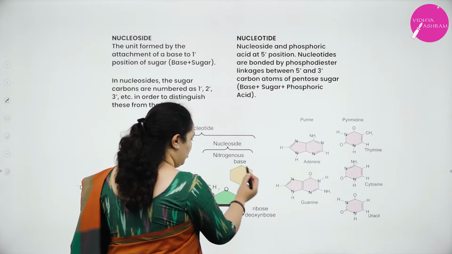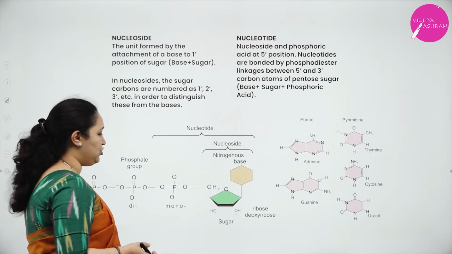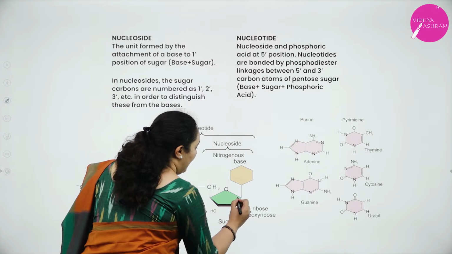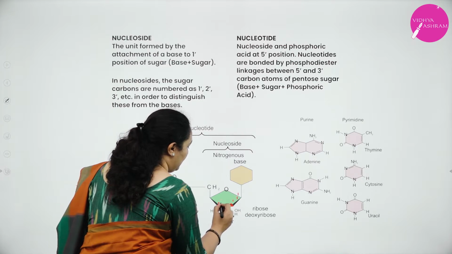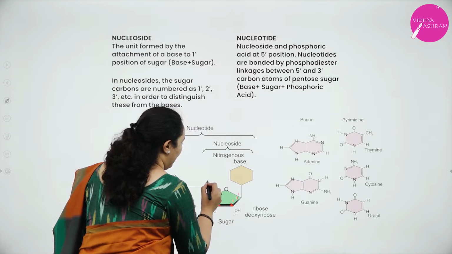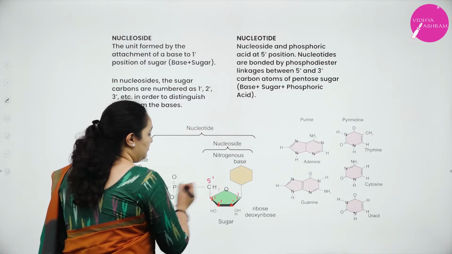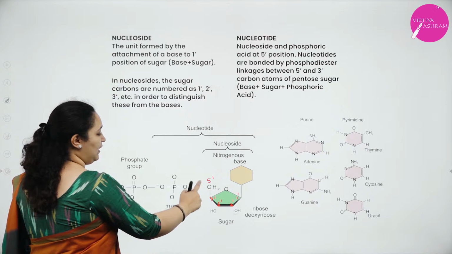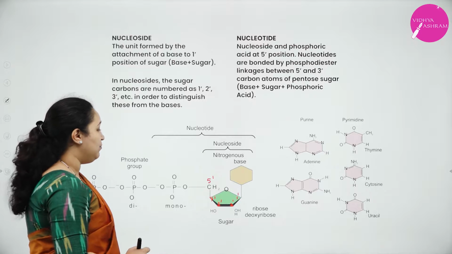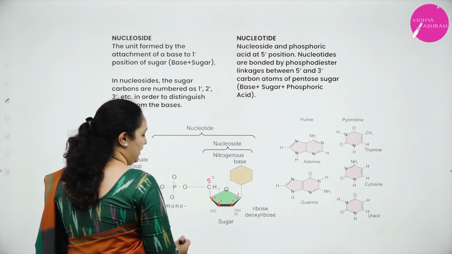Just for our convenience to avoid confusion, we have numbered this as 1 prime, 2 prime, 3 prime, 4 prime and 5 prime. We just put a dash which we call prime. So in 1 prime position there is a nitrogenous base.